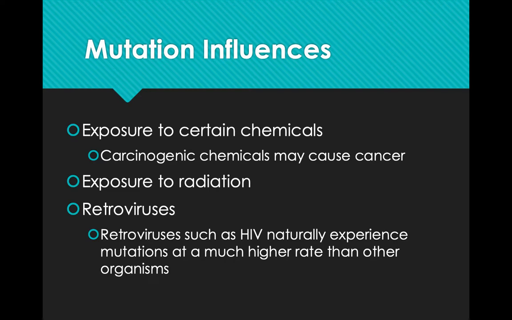Towards the end of the semester when we start getting into our cancer unit, we'll talk about how the reason that the older you get, the higher your chance of cancer is because your body's been exposed to so many chemicals throughout its life, and radiation, and these mutations slowly start to build up, and you end up with a mutation in a tumor suppressing gene or an oncogene, and so the end result is this unchecked growth, which leads to cancer.